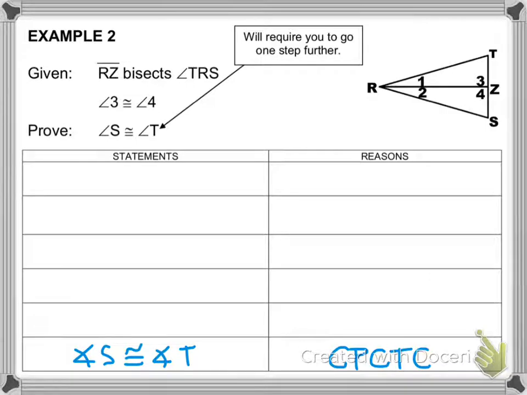First, we're going to mark our givens on our picture. Segment RZ bisects angle TRS. This angle has been bisected by RZ, which means that angles 1 and 2, the resulting 2 half angles, are going to be congruent. All right, we also know that angles 3 and 4 are congruent, so we can show that.